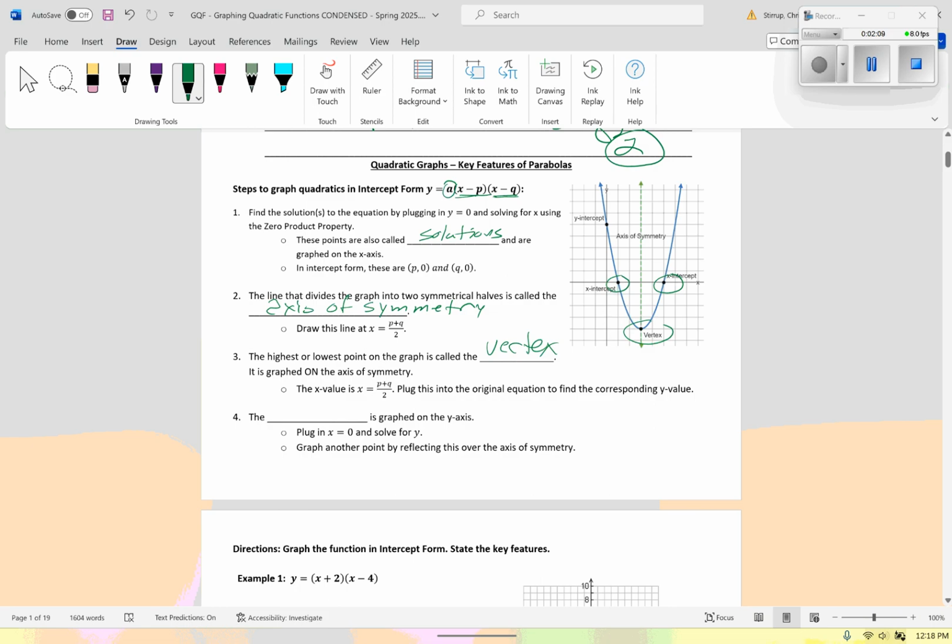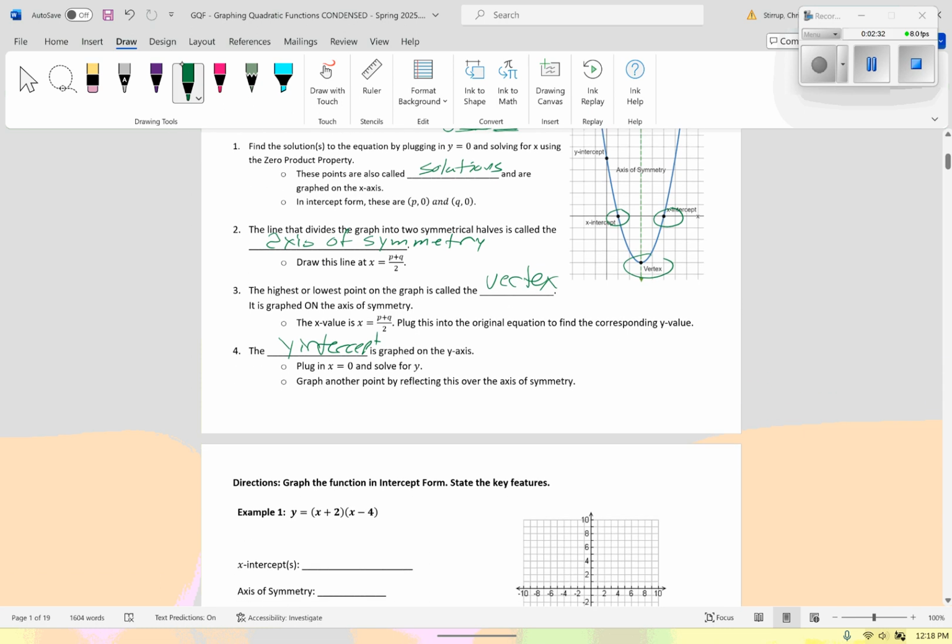The x value, plug into the original, and then you can say the vertex is graphed on the y-intercept is graphed on the y-axis. That's where you plug 0 in for your x values, and you get another point.